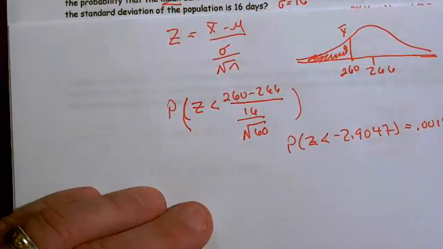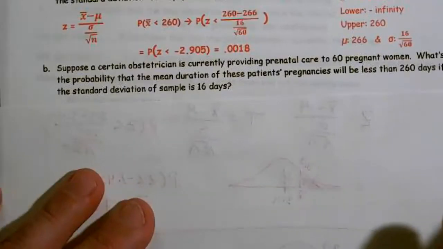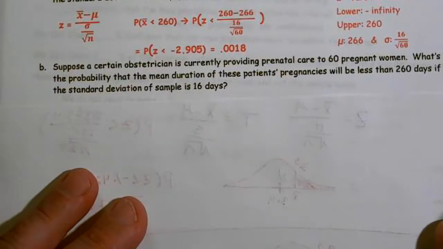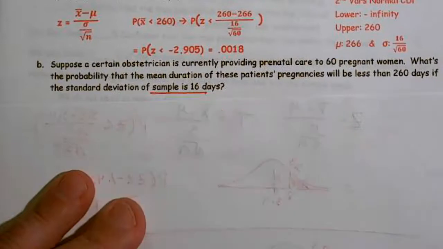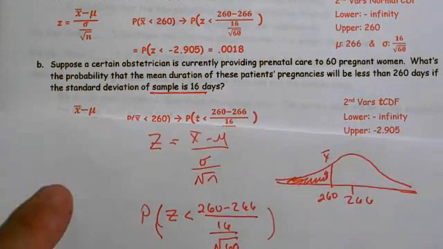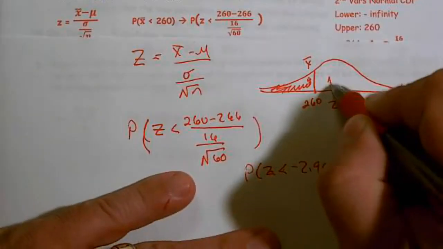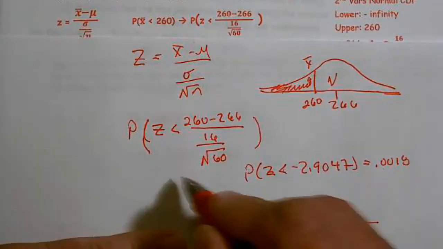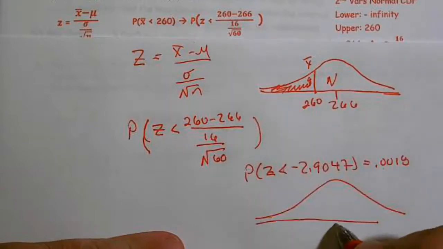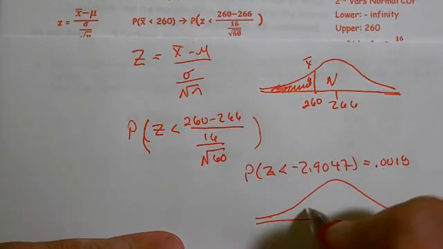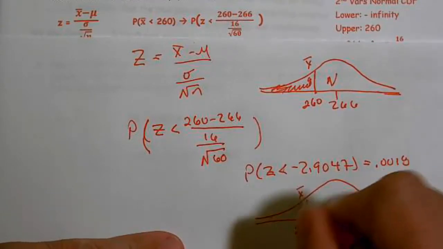Now, the next thing they want us to do is the same thing, but the mean duration of these patients to be less than 260 if the standard deviation of the sample is 16. All right, so in this case, instead of looking at a Z distribution, we're going to do a T distribution. Well, we've already shown that they're going to have exactly the same graph. So this is going to be a mean of 266. This should be 260. And this is my X bar.